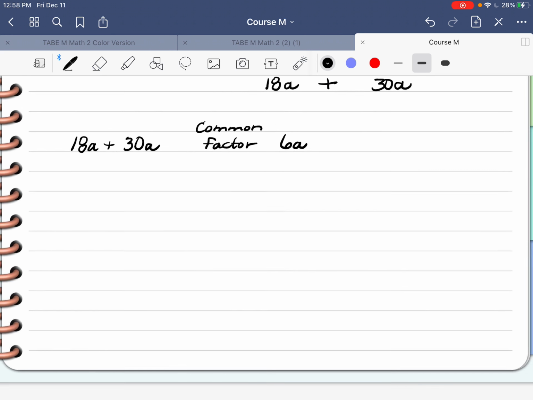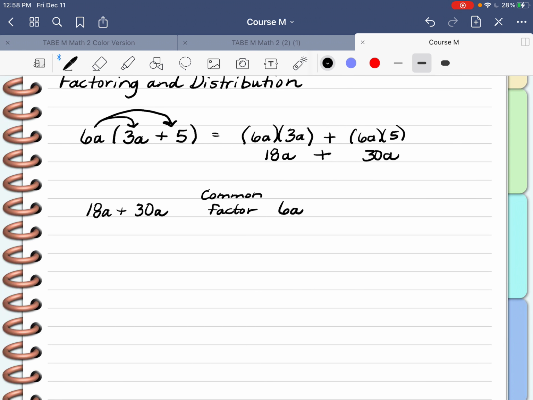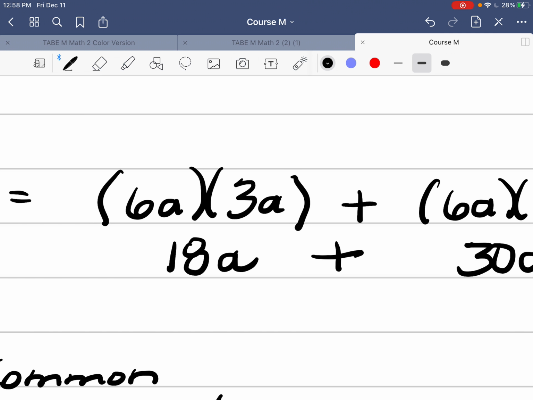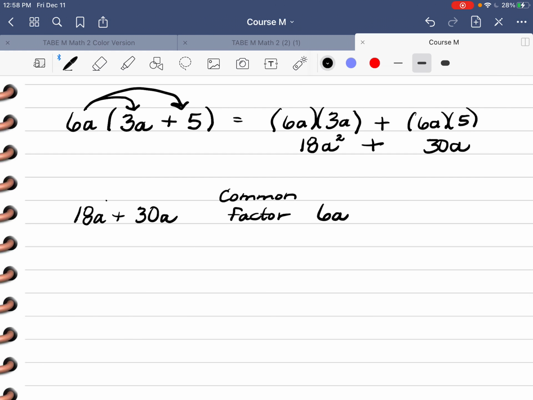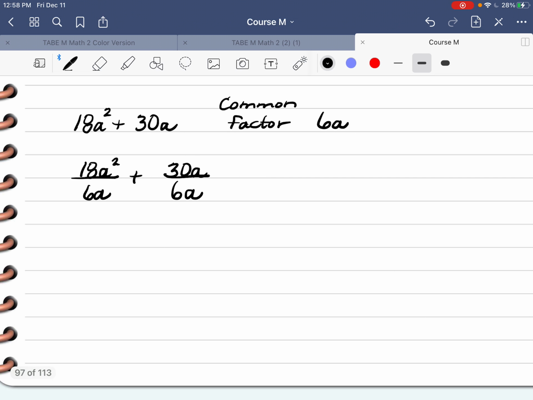Okay, and I've messed up here. Look at this. 6a times 3a is 18a squared. You've got 2 a's in there, so it's a square. Alright, so I'm going to divide 18a squared by 6a plus 30a divided by 6a. So 6 into 18 goes 3 times, and there's an a left over.